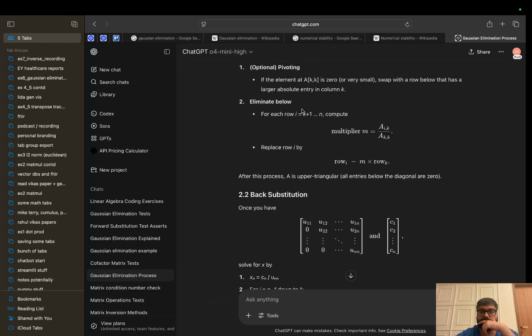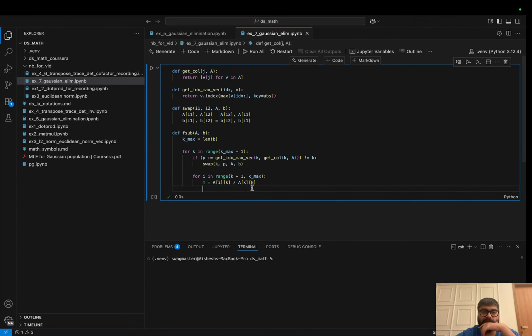Right? And then we replace row i by row i minus m times row k. Yep. Okay. So row i, because that's the row below row k, right? So the second row, right? I keep saying right. That should become my motto.